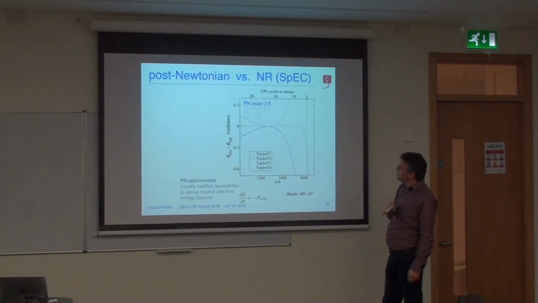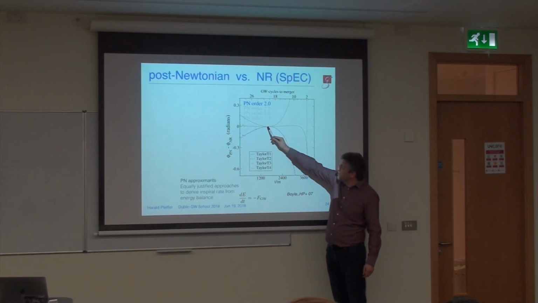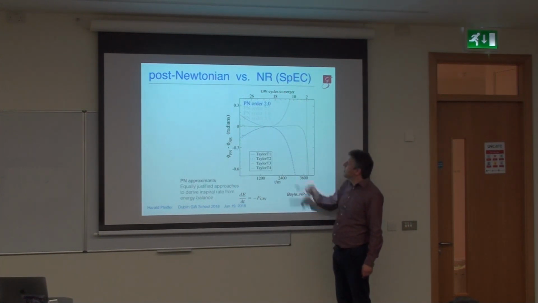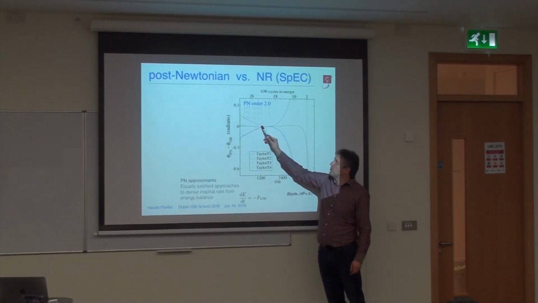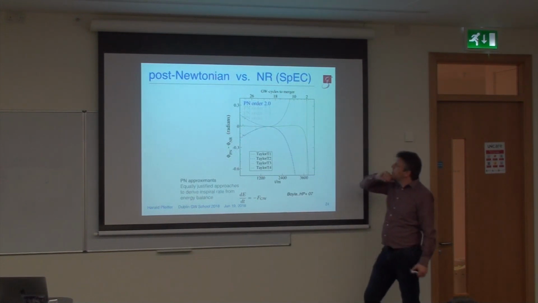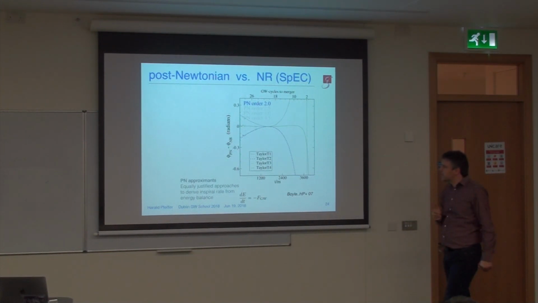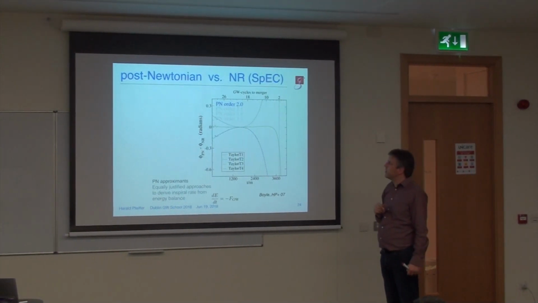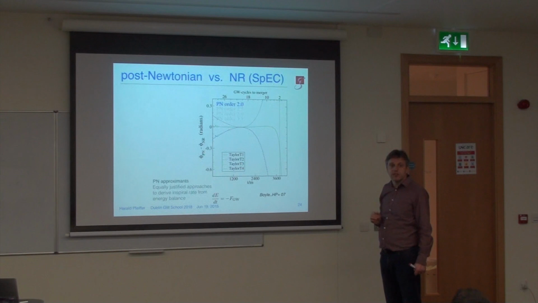For this particular case, if you have 2PN order, everything must agree by construction where we have aligned things. But as you go later, everything goes out of phase. If you go earlier, things also go out of phase. And so that's the indication that second post-Newtonian order isn't good enough for non-spinning black holes at this particular point in the sky.